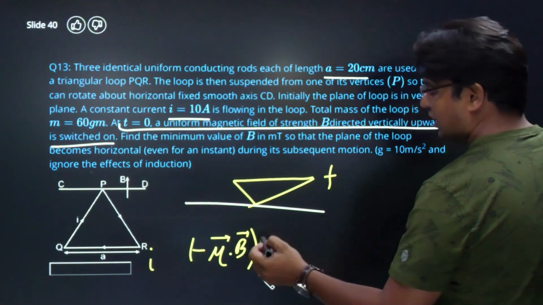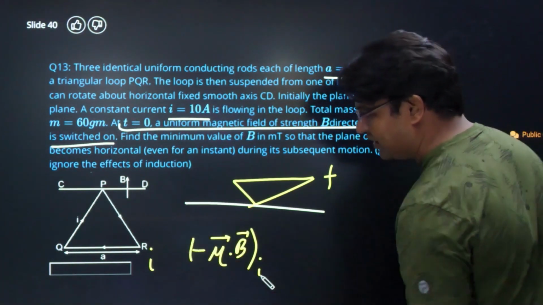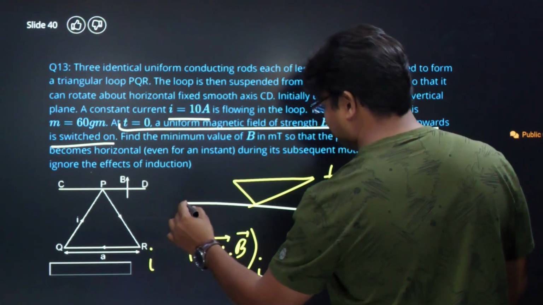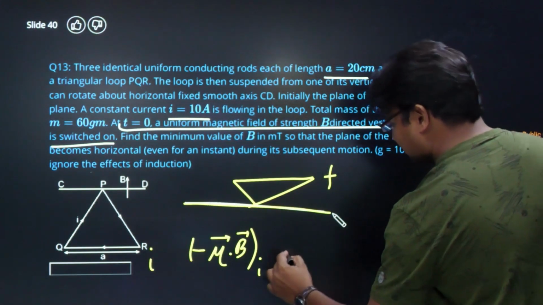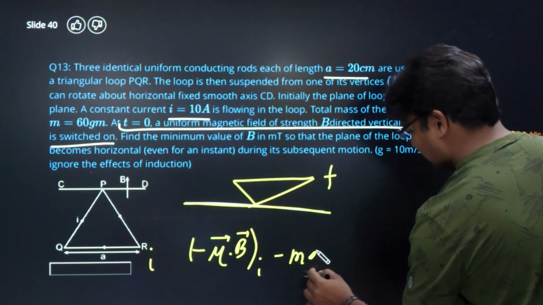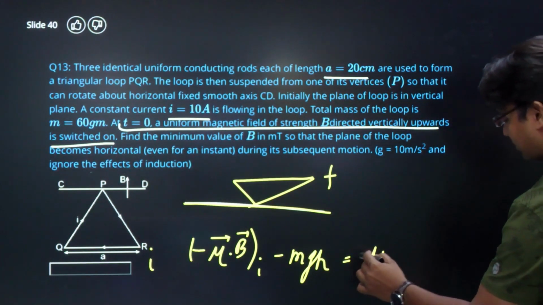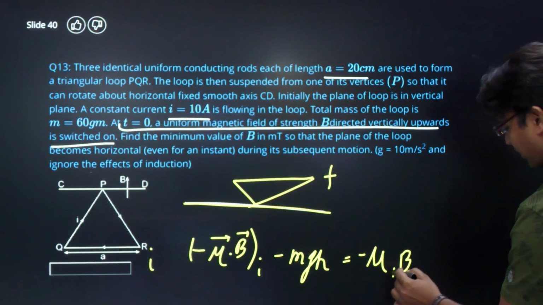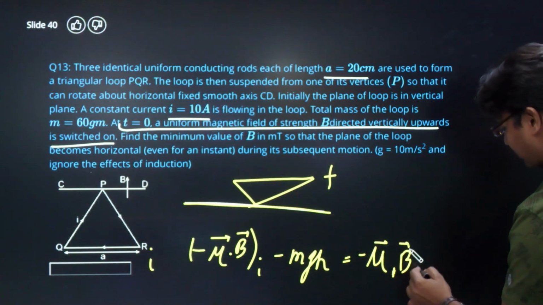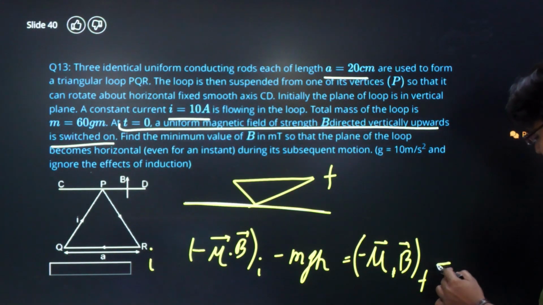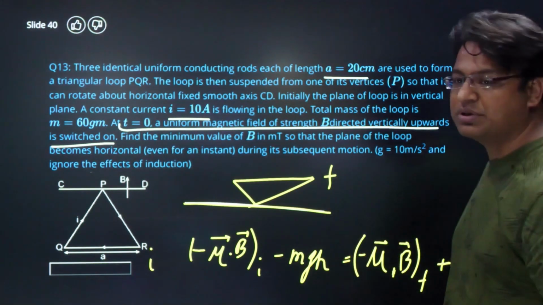Okay, then the gravitational energy in the initial situation. So if I consider this as 0 height, then the gravitational energy was negative, minus mgh, and finally we got some different value of the interaction energy. All right, this we'll find out, and the gravitational energy became 0 because the center of mass was at 0 height.